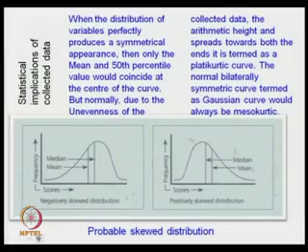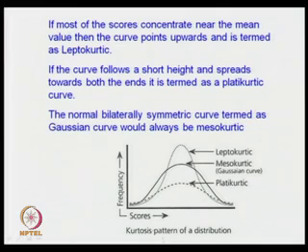Now, in certain cases the curves have different structures. This kurtosis shows that if our subject sampling is not proper, then this type of curve is possible. If most of the scores are near the mean value, it is termed a leptokurtic curve. If the curve has a short height and spreads towards both ends, it is termed a platykurtic curve.